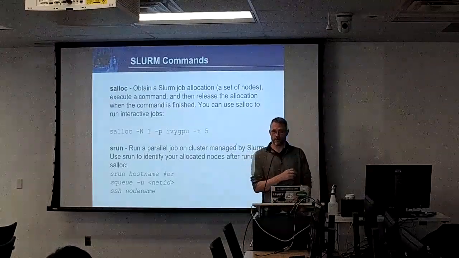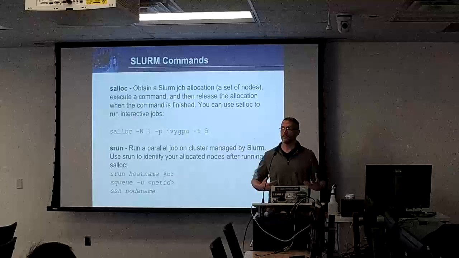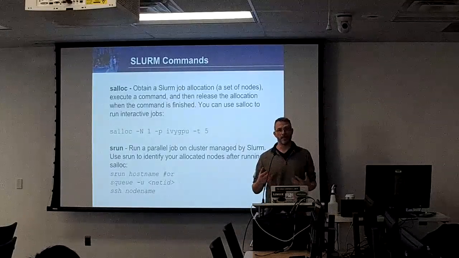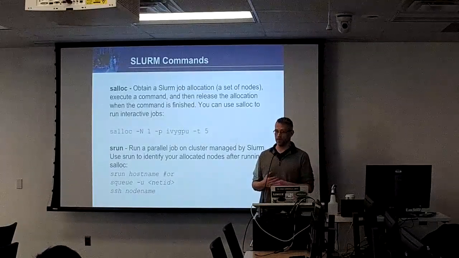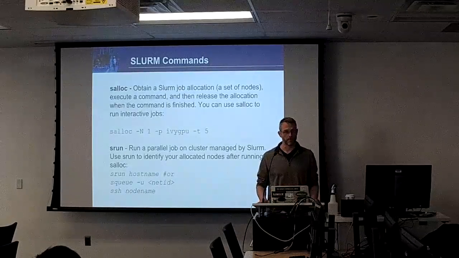So the next thing that we want to cover is the queuing system. However, sometimes it's really handy to be able to get an allocation on a compute node. Maybe you just want to do a really quick test by hand, just make sure things are working properly.